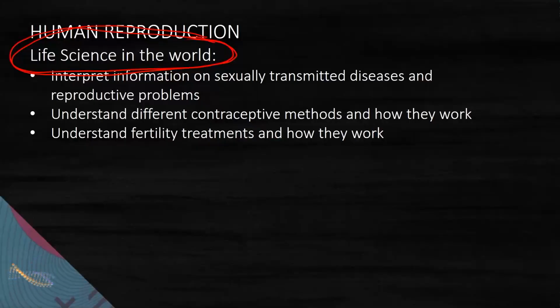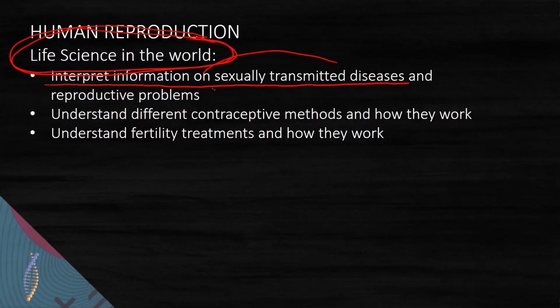So, in these last questions, it's very interpretive, and you are very often given passages, you are given pictures, and you are given a little bit about a particular situation. For example, it could be on sexually transmitted diseases and the effects they have. It could be on reproductive problems, and we're going to be looking at an example of this in a short while.